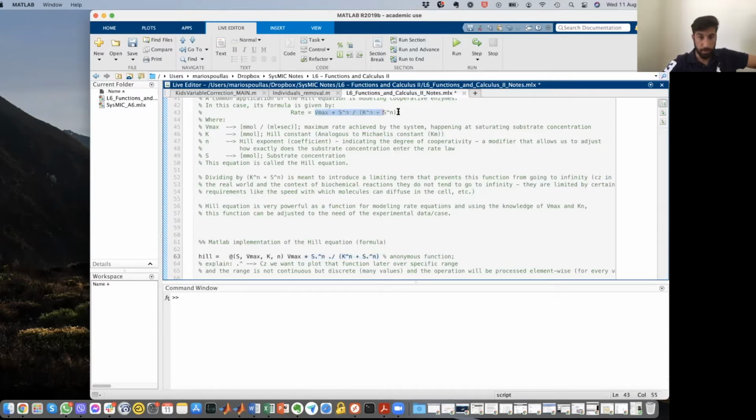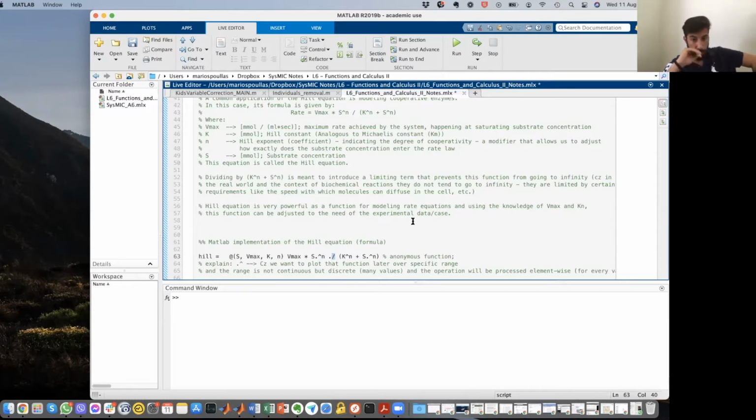It's the same as the one we've seen earlier. So it's Vmax times S, all divided by K to the power of N plus S to the power of N. You might have noticed that we are using those dots before the power sign and before the division sign.